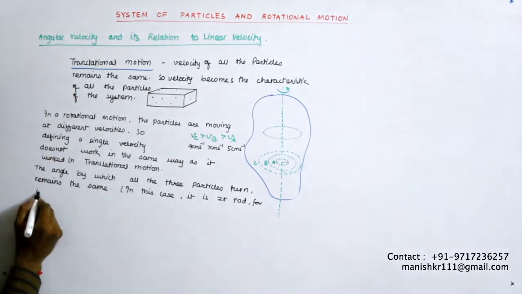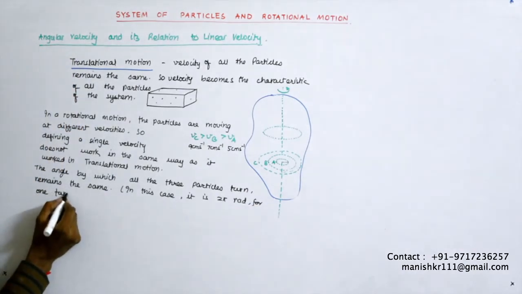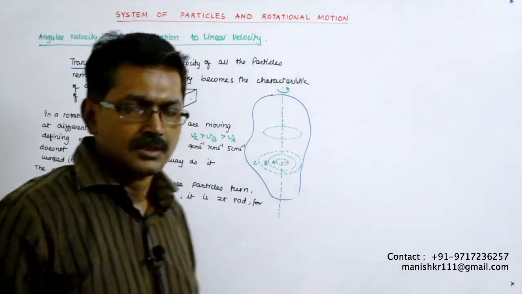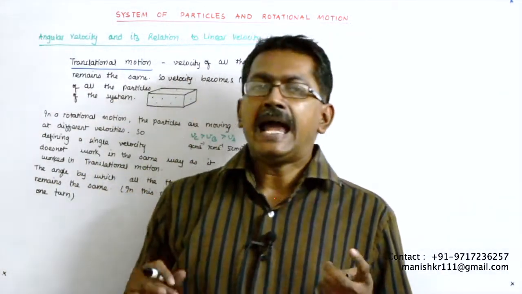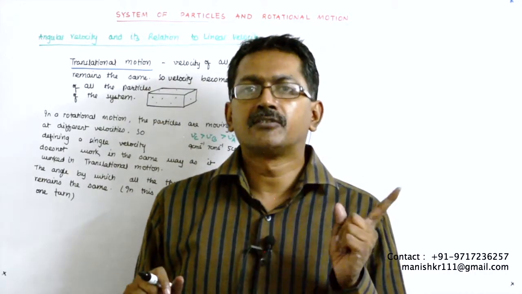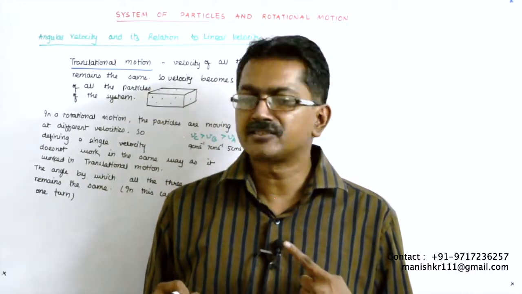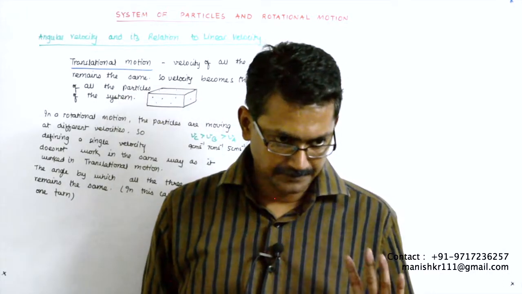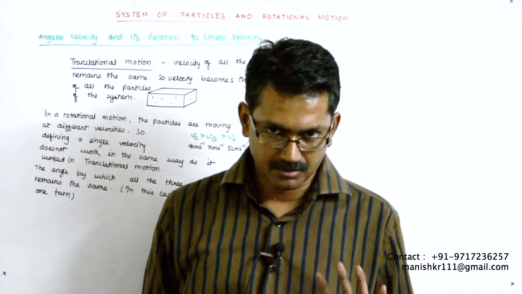For one turn. Fine. That means the angle swept, the angle traversed per unit time remains the same. Is it not?